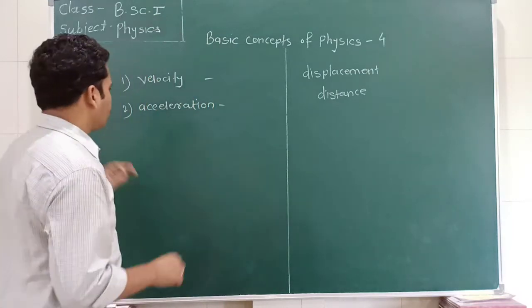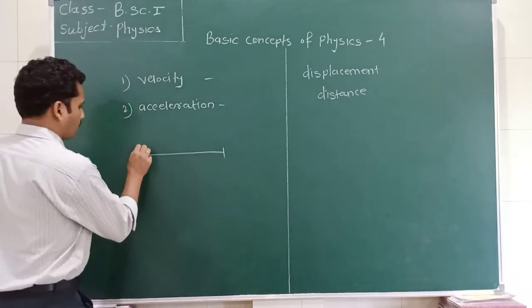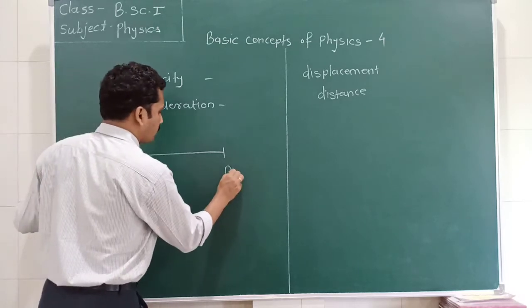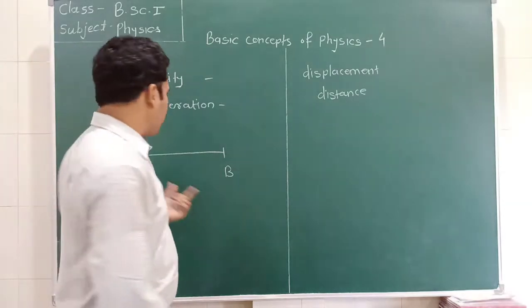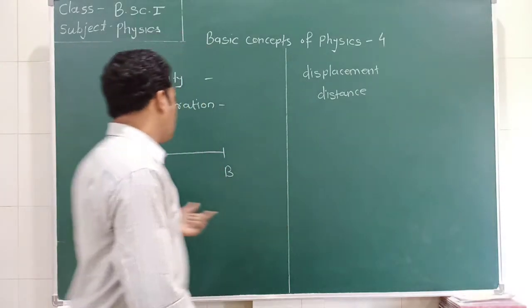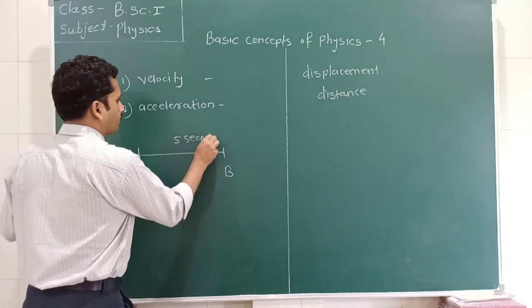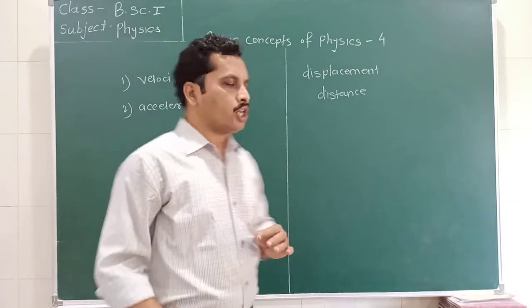Consider this is point A and this is point B, and an object is traveling from point A to point B in 5 seconds. It means the object is in motion.